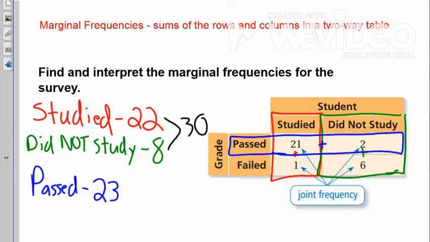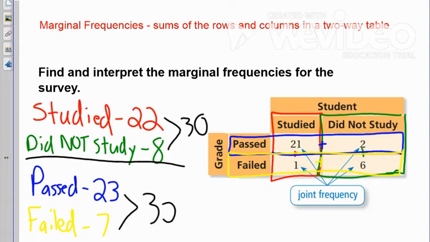I'm actually going to put a little line here just to differentiate. So we have those who passed, and now we're going to take those who failed in yellow here and add those up. So we have 1 plus 6. So if I write failed, 1 plus 6 would be 7. And if we add those up, 23 plus 7 is 30. So we are good there.